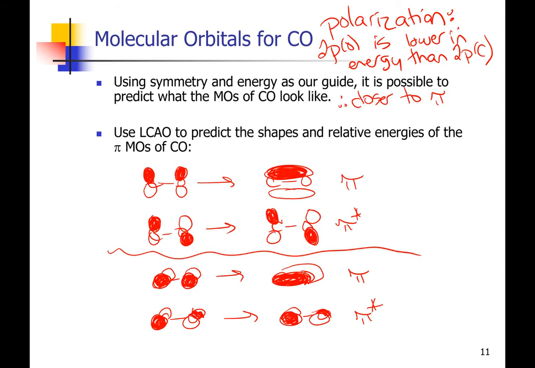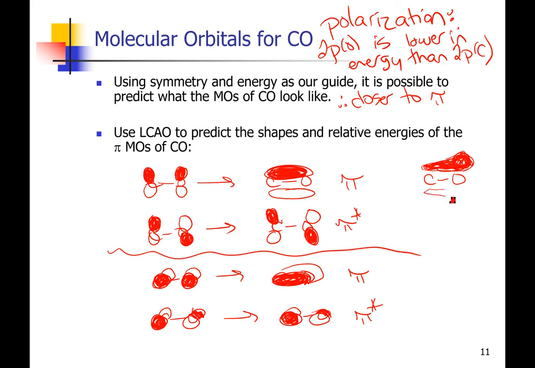And similarly, the 2p on carbon is going to be higher in energy than the 2p on oxygen, and therefore it's going to be closer to the pi star. So the pi MO, if we factor in polarization, should look bigger on the oxygen than it does on the carbon. And this is where my artistic lack is really going to come into play, and you're going to be really happy to see those nice computer pictures in a few pages.